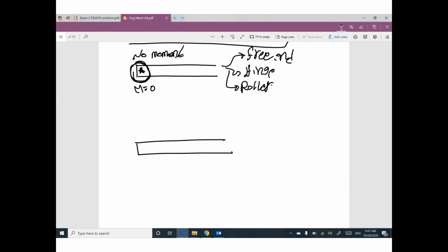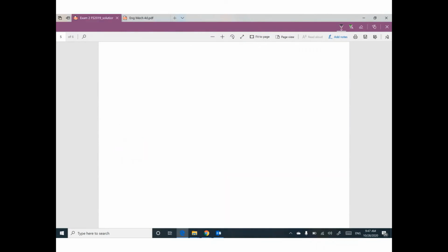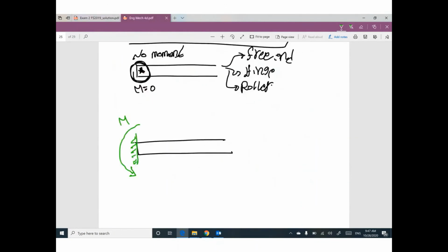But sometimes we have a fixed support, and this fixed support has a moment. In our case, this moment equals 12,000. So when you start to draw the bending moment, the value here is not 0. You have a value here equal to 12,000.